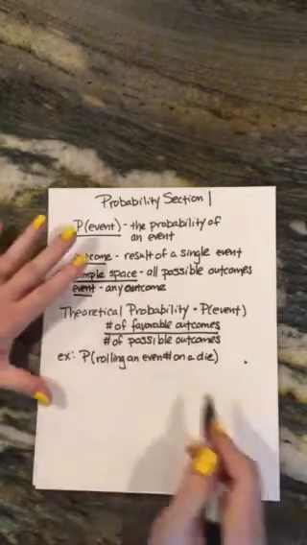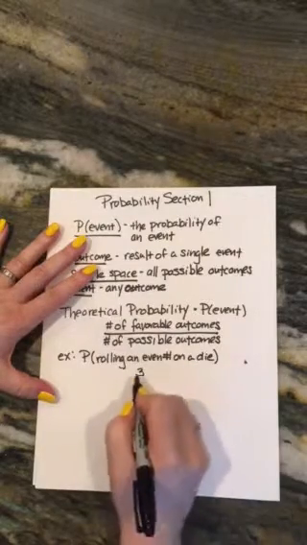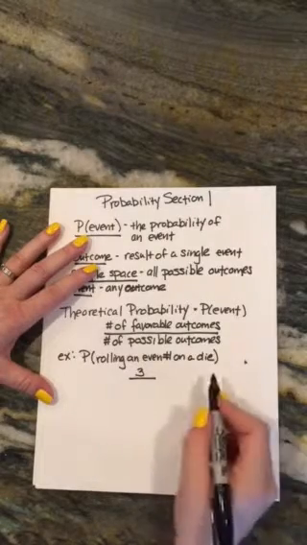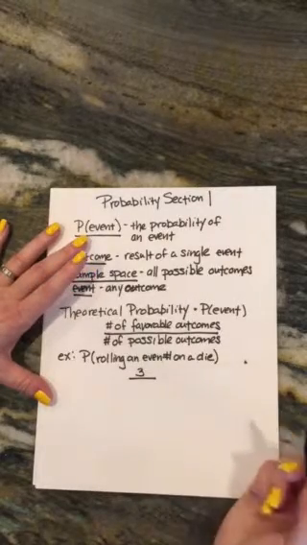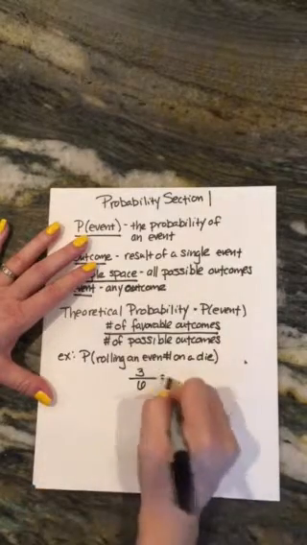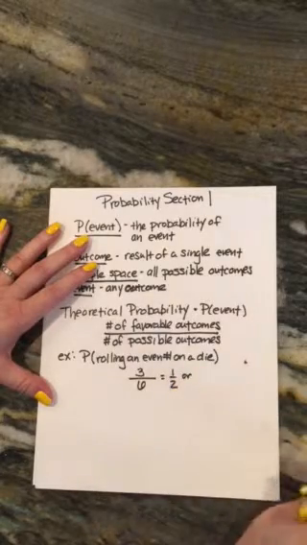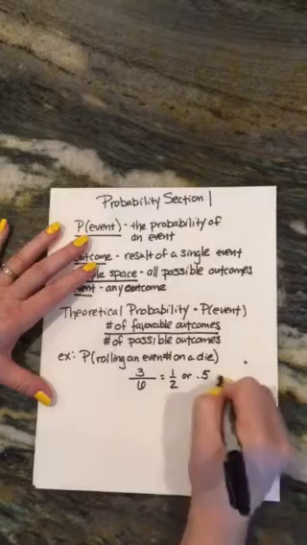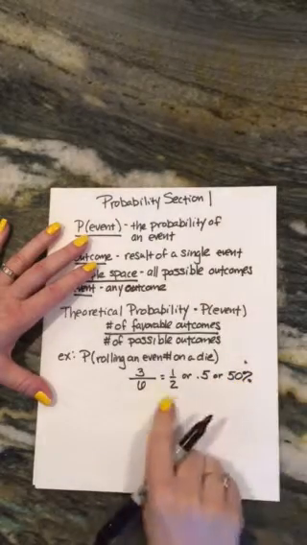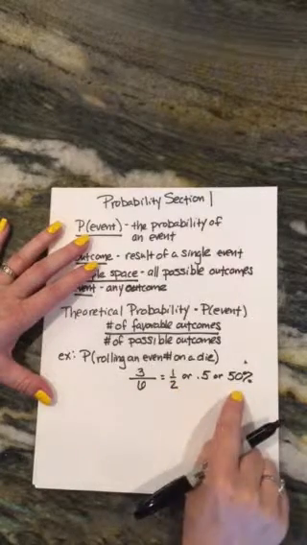So that was 3 of them. So 3 of them are favorable out of how many outcomes are possible? 1, 2, 3, 4, 5, 6. So there's 6. So our theoretical probability is 1/2, or you could write it as 0.5, or you can write it as 50%. You need to be comfortable with all of those ways of looking at it: fraction, decimal, percent.